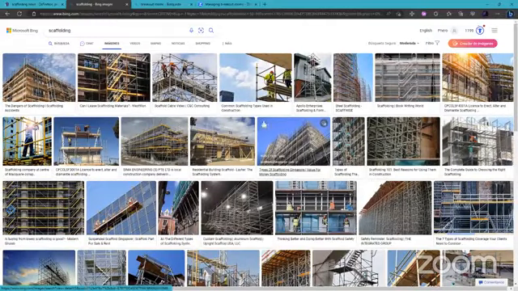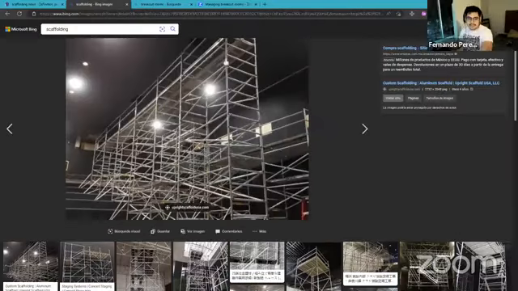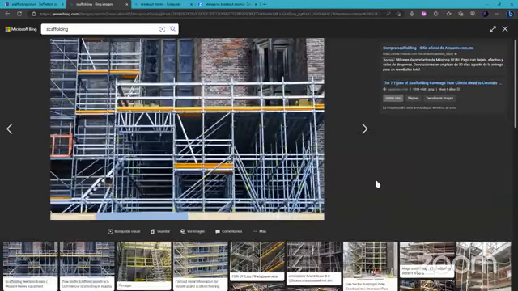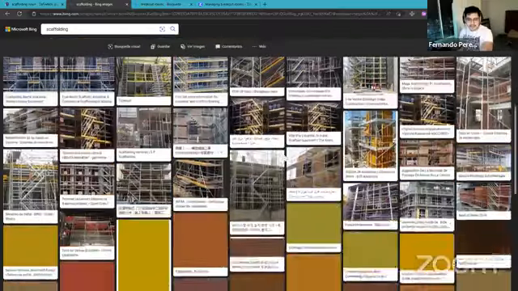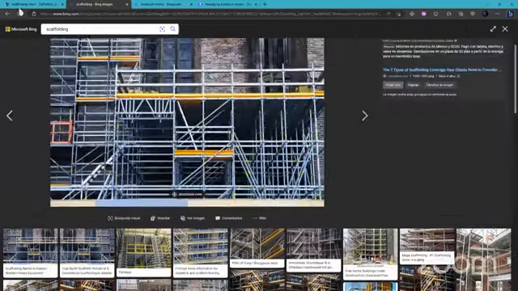It's like the exterior of a construction. Oh, I didn't know that. This is new. Scaffolding.